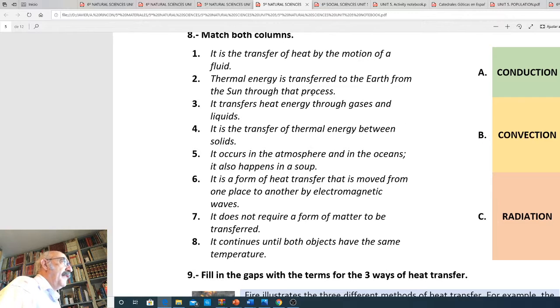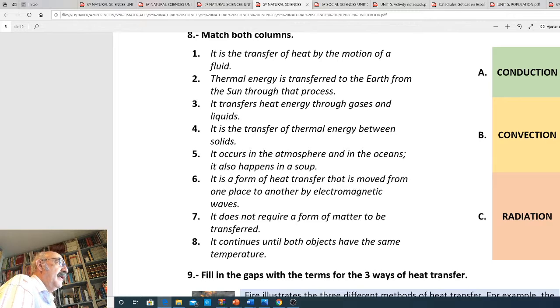Number 2, thermal energy is transferred to the earth from the sun through that process. And we need to choose between convection or radiation. So the correct answer would be radiation. Good. Number 3. It transfers heat energy through gases and liquids. These are fluids.